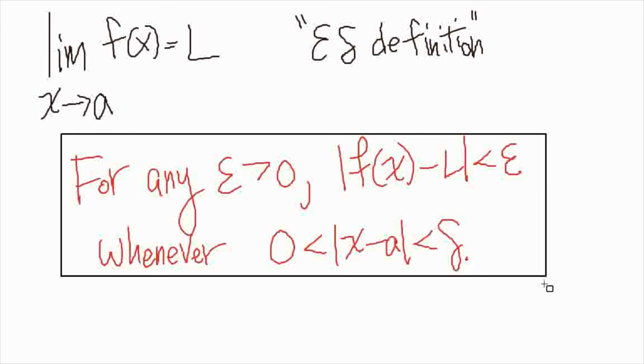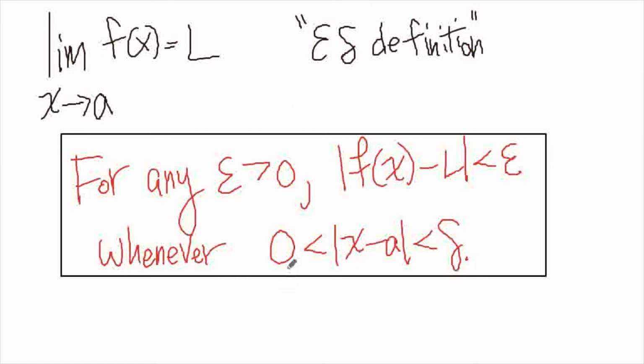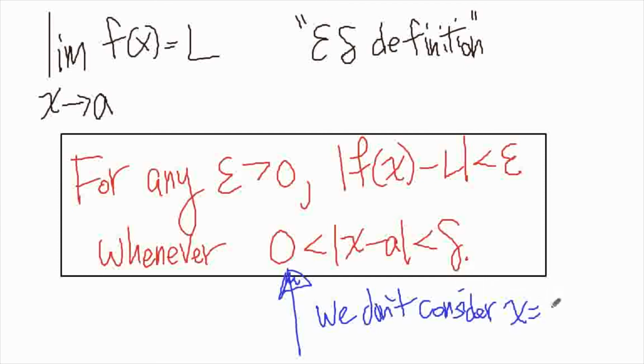Okay? Now, notice that, look at what is right after whenever. Okay? So notice this 0 right here. So we don't consider x equal to a. Remember how I said that we avoid talking about when we're right at the destination?